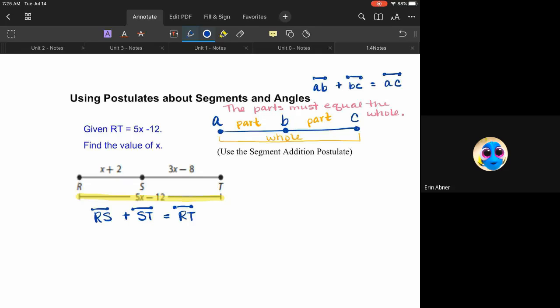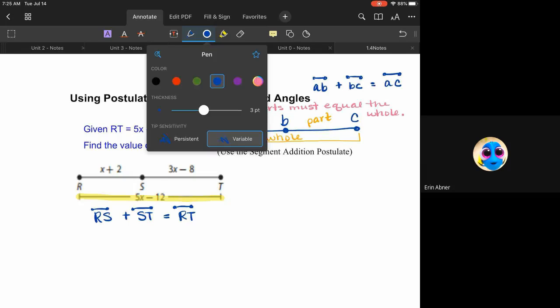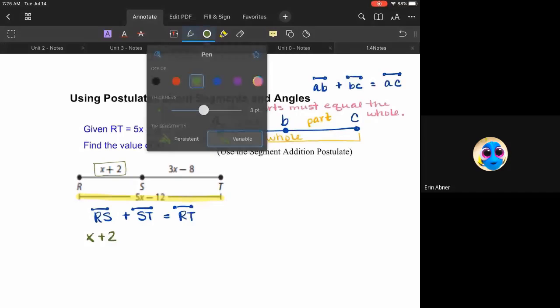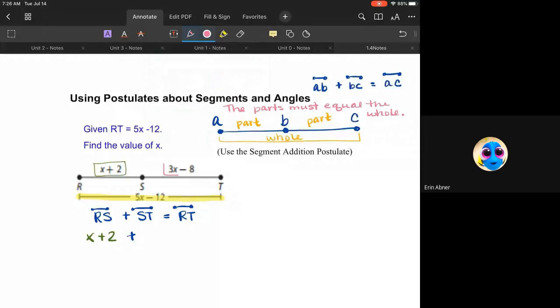So for RS, instead of writing RS this time, I'm going to write in this. So X plus 2 plus, make the second part this funky pink. So this one is going to be 3x minus 8.